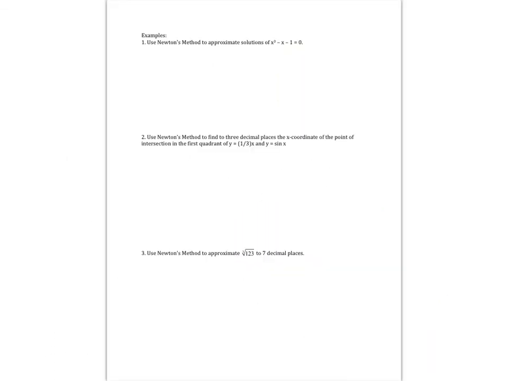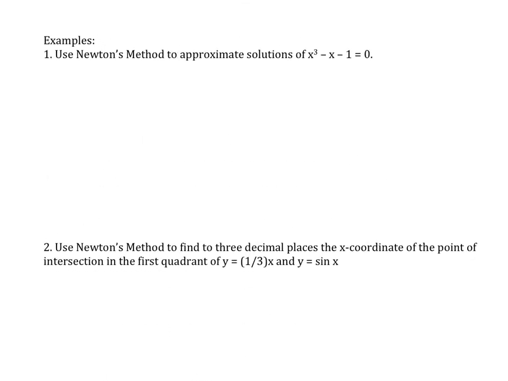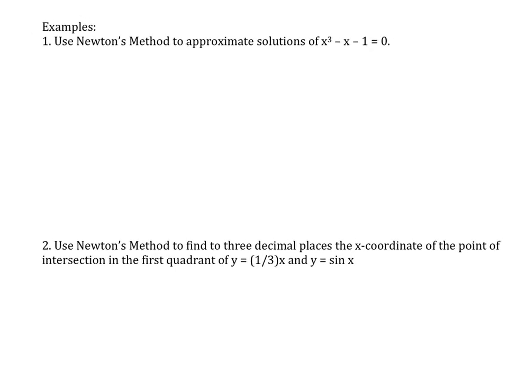And we are going to use Newton's method to approximate the solutions of this. Let me enlarge this a little bit so we could see it a little bit better. And I'll show you how this process is done. So let's first start off by taking the derivative of this equation right here. So we're going to say f prime of x equals, this will be 3x squared minus 1.